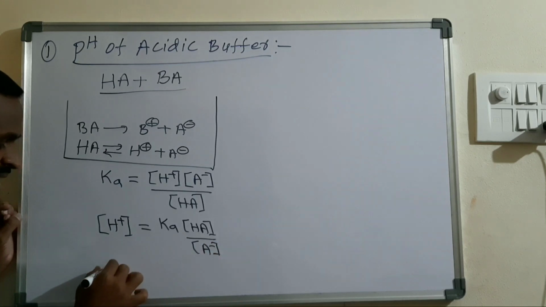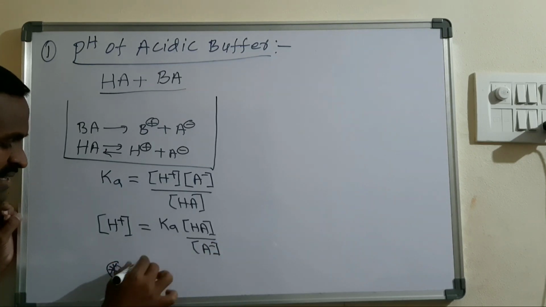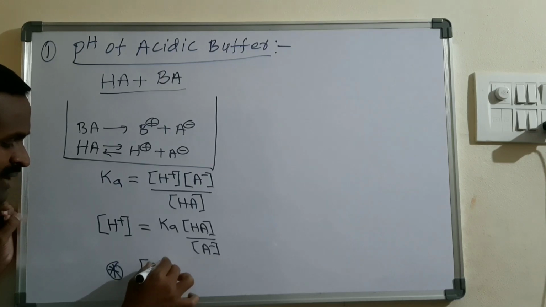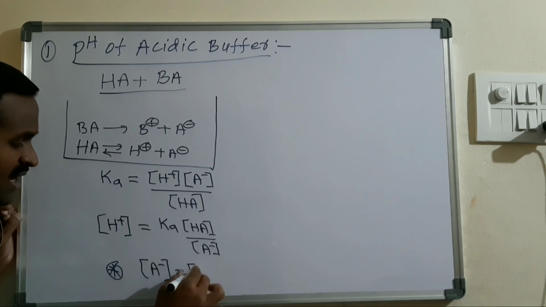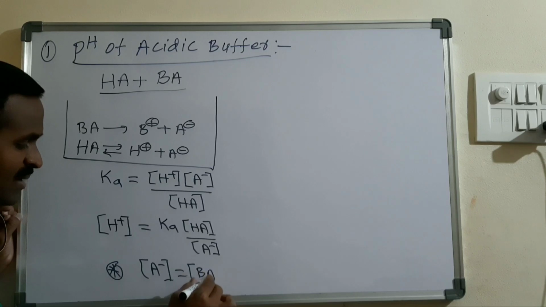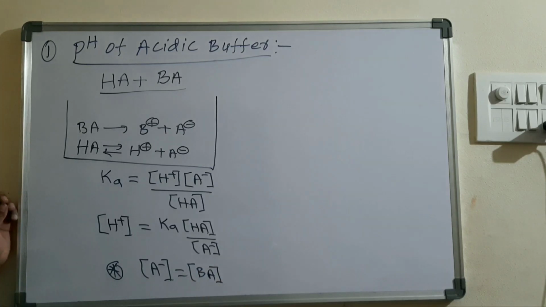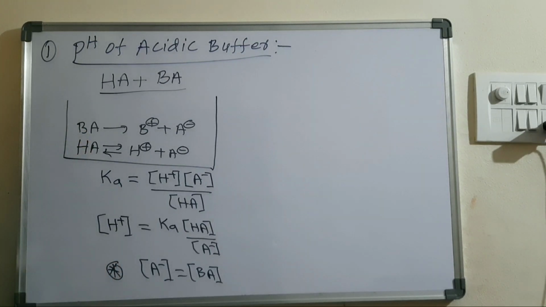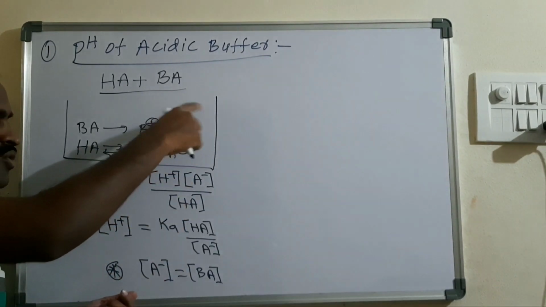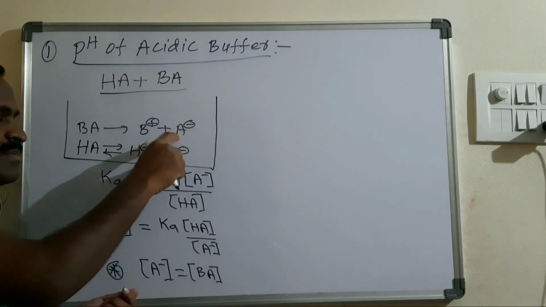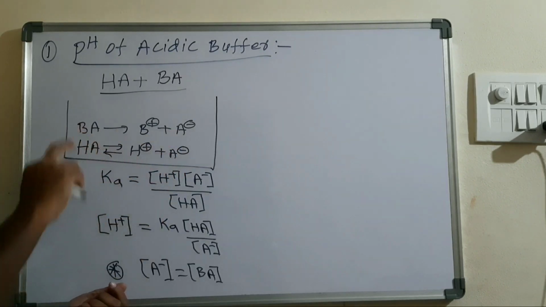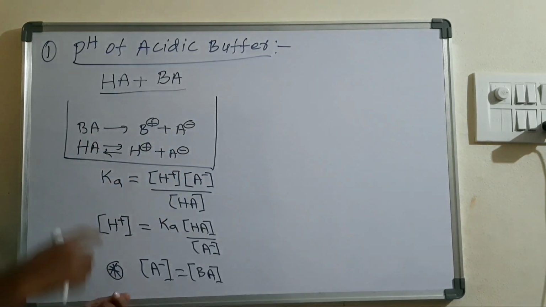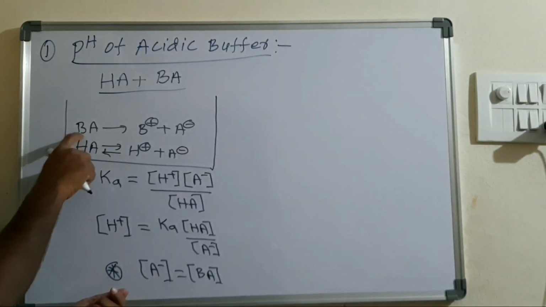Here the concentration of A minus is always equal to the concentration of salt, because of the common ion effect. This is a weak electrolyte; generally only 5% to 10% ionization takes place, and the larger share of A minus ions comes only from the strong salt. That salt is BA.